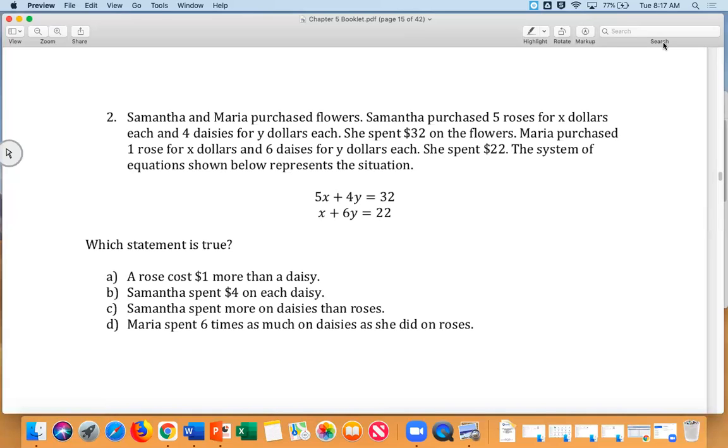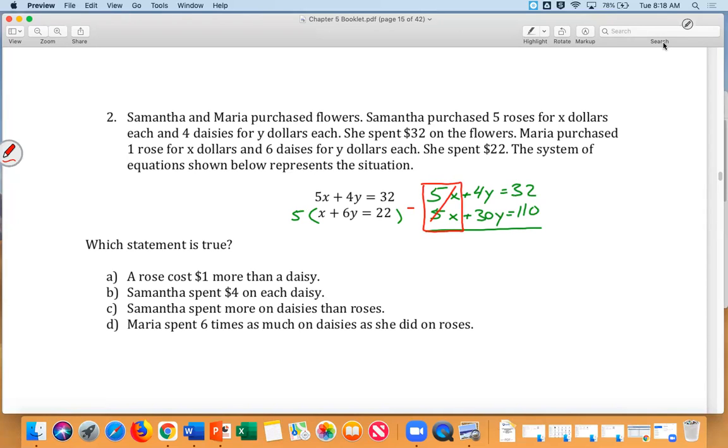All right, let's look. So in number two, I want to simply multiply this by 5. It's going to give me 5x plus 4y equals 32. And then I have 5x plus 30y equals 110. So I'm going to go ahead and subtract to cancel out my x's.